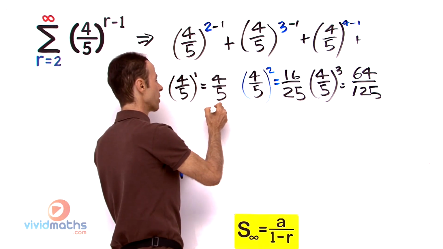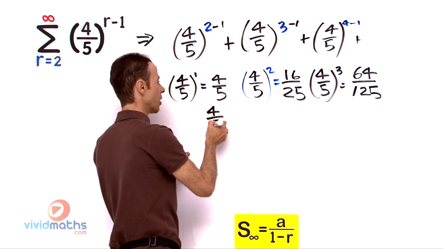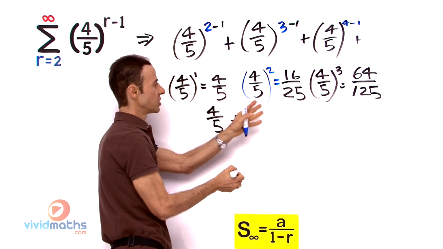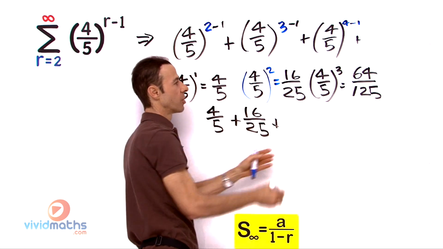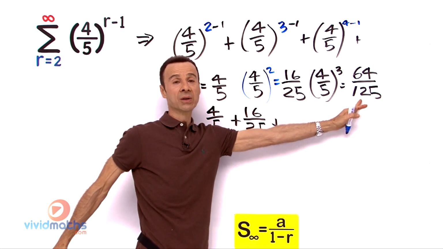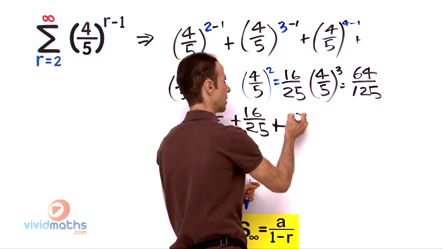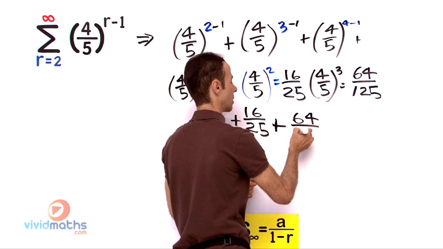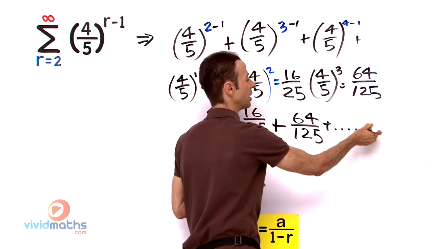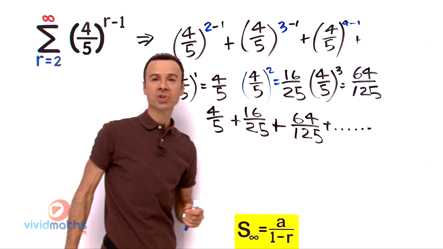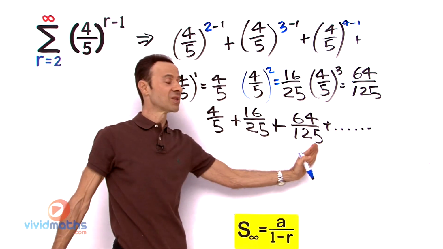The first term, 4 over 5, plus the second term, 16 over 25, plus the third term, 64 on 125. And this will go on indefinitely because it is the sum to infinity. So we have the series, there it is.